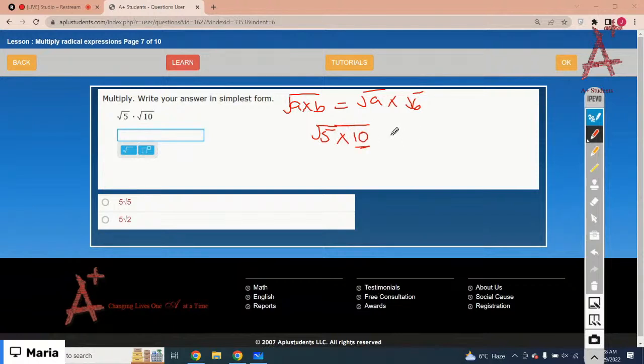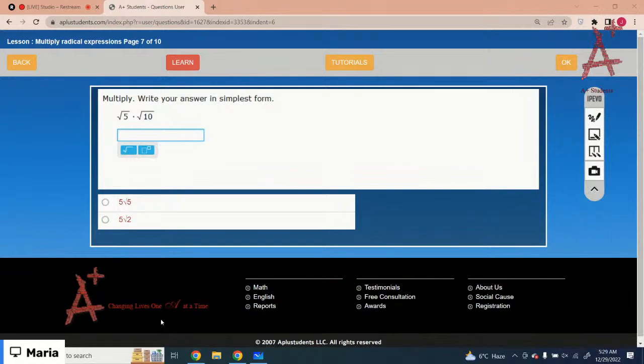So you can write 10 as 5 times 2. Got it? So you can write them in a square form. It would be 5 square times 2. So you can write it as 5 square times square root 2. 2 and square root cancel out each other. So it would be 5 square root 2. Got it? So the correct option is 5 square root 2. So just select the correct option, then click on the OK button. The second option is the correct one. Got it?